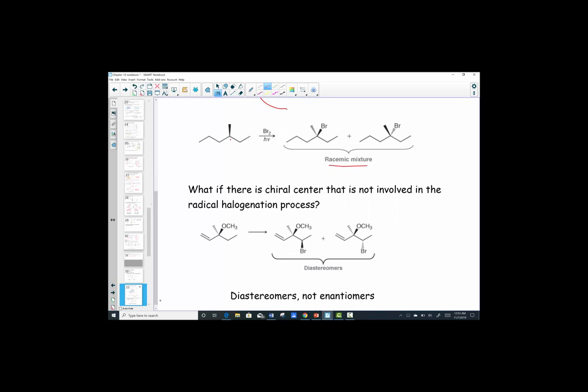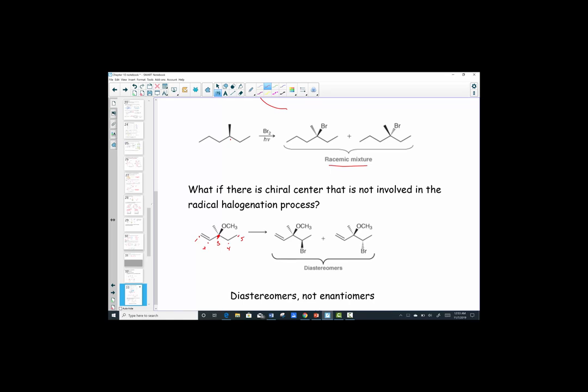And if there's a chiral center in that molecule that's not involved in the radical halogenation, so let's just take, for example, to illustrate this, we have a 5-carbon chain. At position number 3 is a chiral center. Position 3 is attached to 4 unique groups.